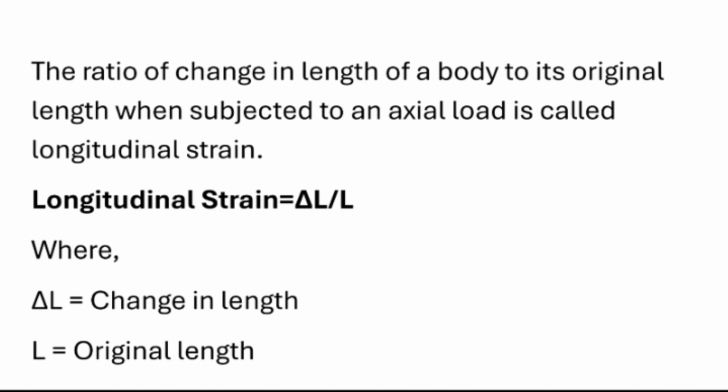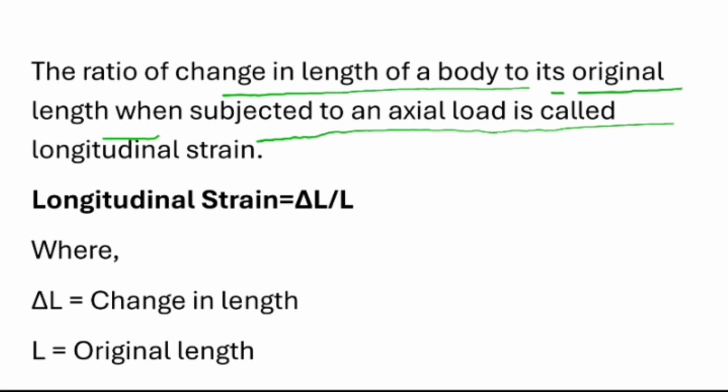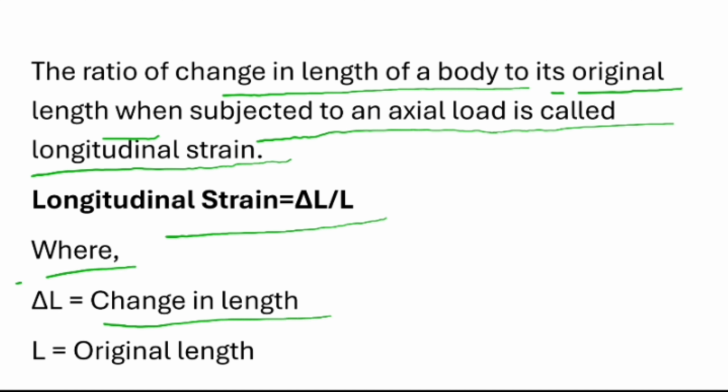So the ratio of change in length of the body to its original length when subjected to an axial load, we call it longitudinal strain. The formula: longitudinal strain is delta L divided by L, where delta L is change in length and capital L is original length.